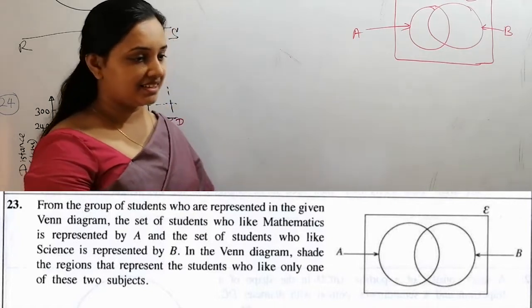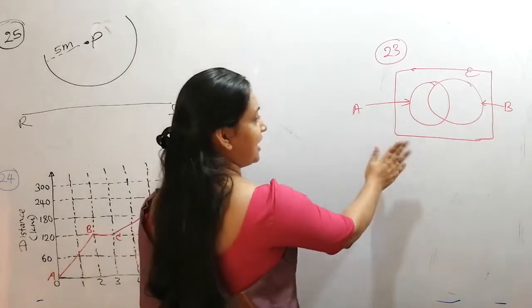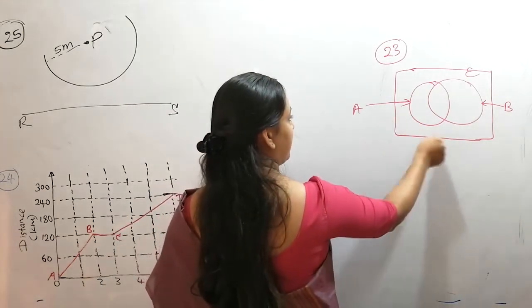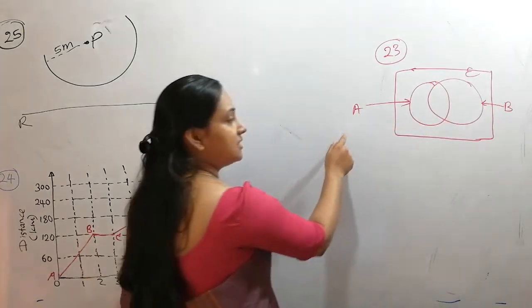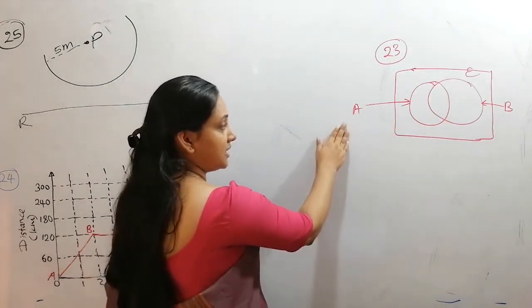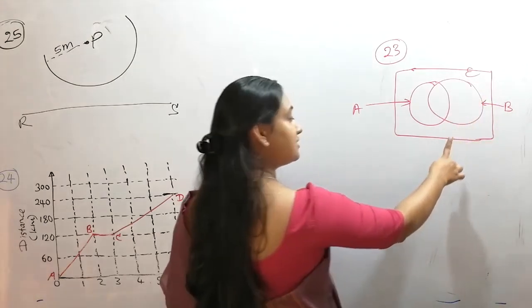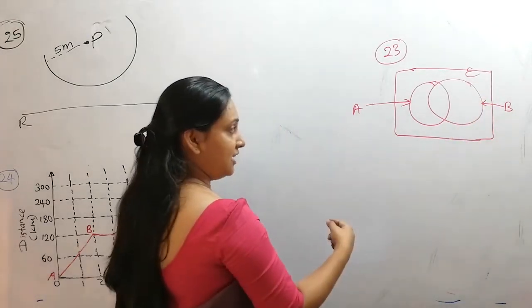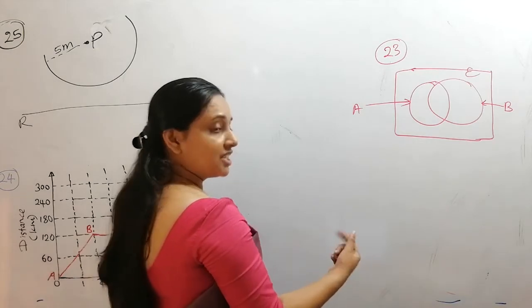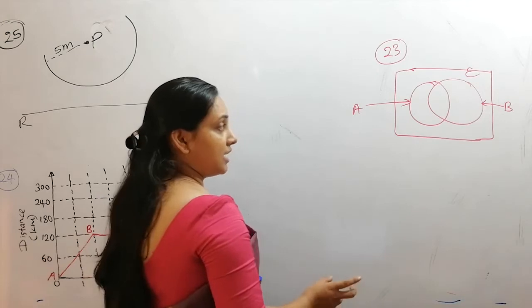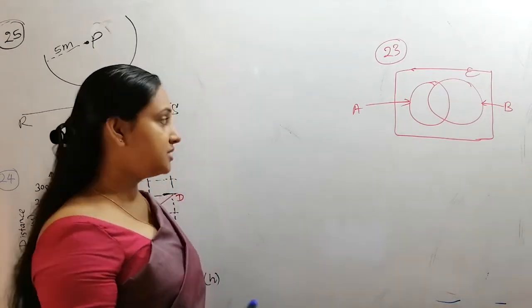This is the Venn diagram given in the question. A represents the students who like to study mathematics and B represents the students who like to study science. We have to shade the area that represents students who like to study only one subject.